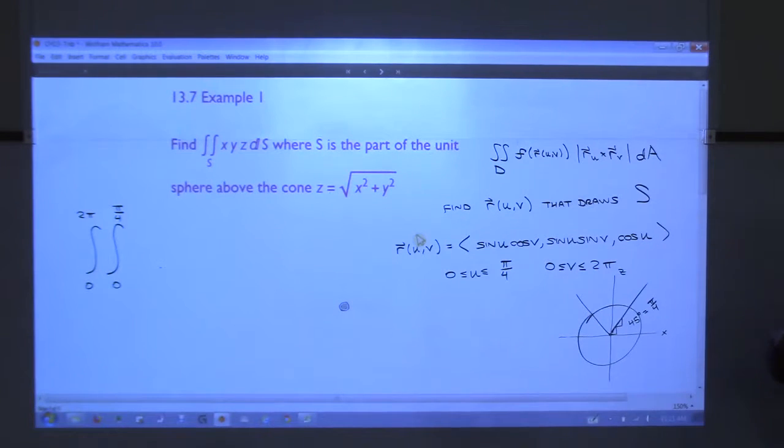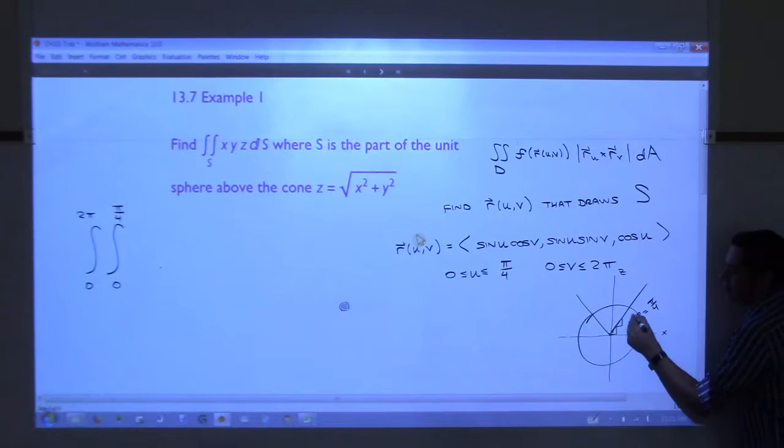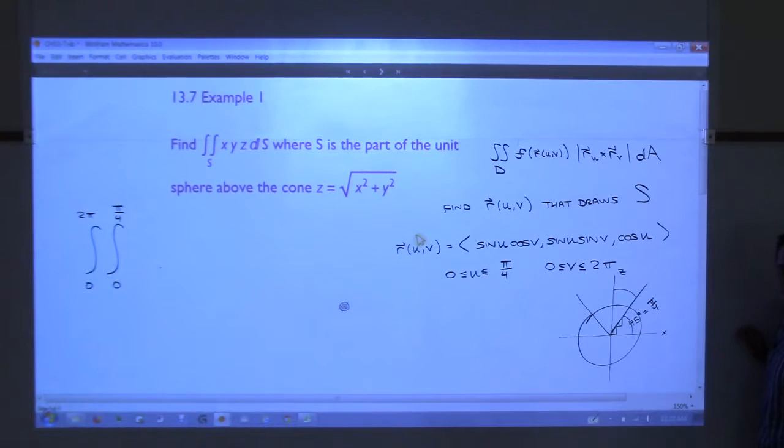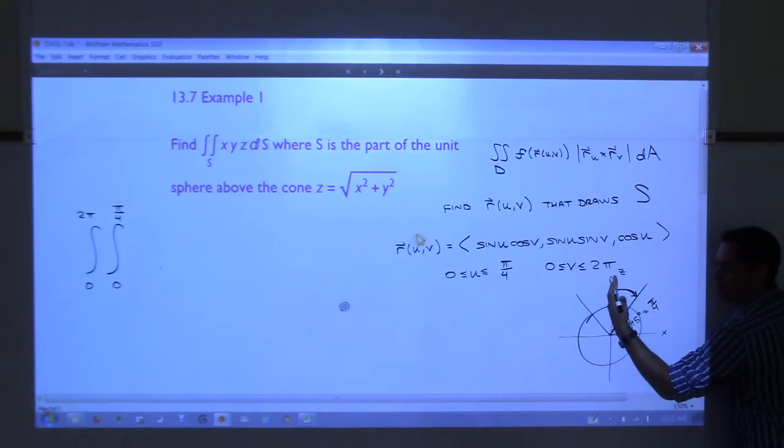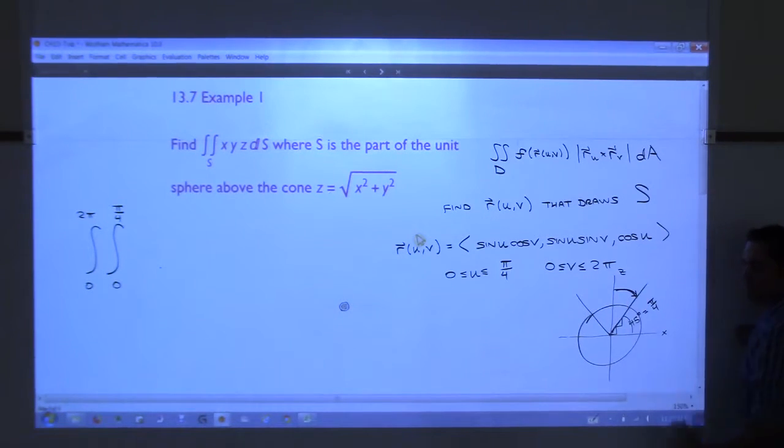Does that clarify it? Yeah, I should have said this. This is 45, but since it's 90, this is 45. Maybe I should have clarified that. We were interested in this angle right here, 0 to 45. All right.